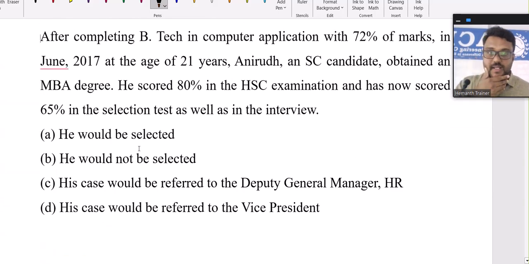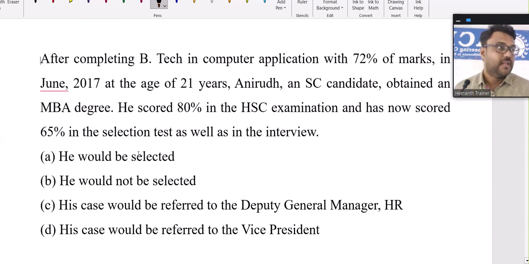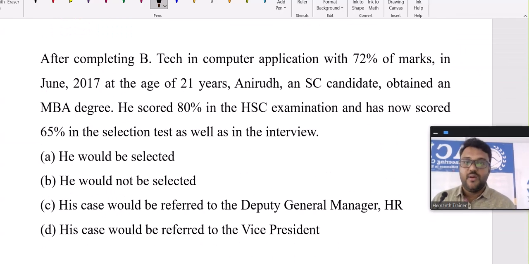Yeah, see, this is regarding that person. One person, Anirudh. Regarding Anirudh, they have given this data. Now you check whether Anirudh is okay or not. BTech in computer, 72 percentage. Condition A satisfied. A, B, C, D, four conditions. The first condition is regarding computer science or applications or electronics, minimum 70%, but he is having 72. First condition satisfied.